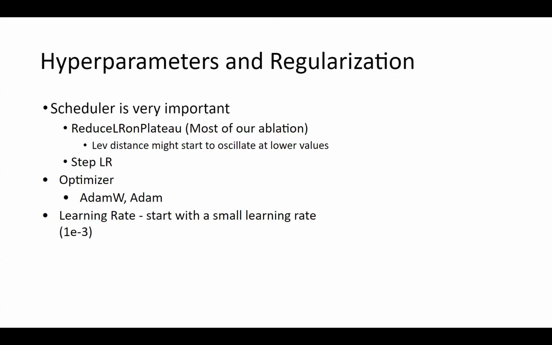We would recommend starting off with the reduce LR on plateau scheduler, but another scheduler that you can experiment with is step LR. Initially you can start with reduce LR on plateau for your experiments. And for the optimizer, you can initially start with AdamW or Adam, using a learning rate that starts from a very small value.